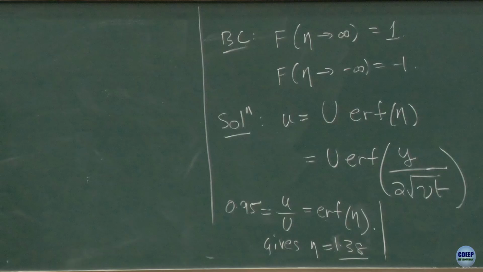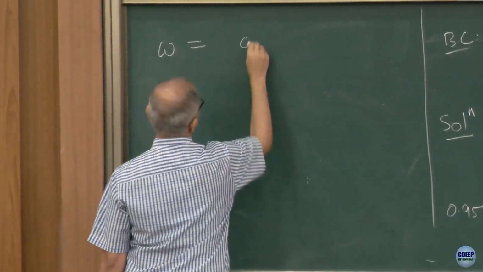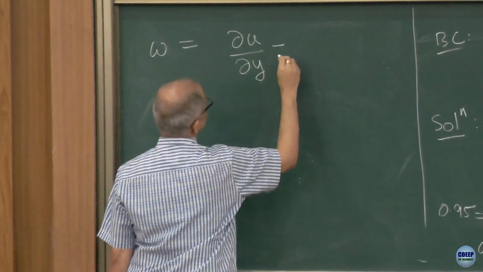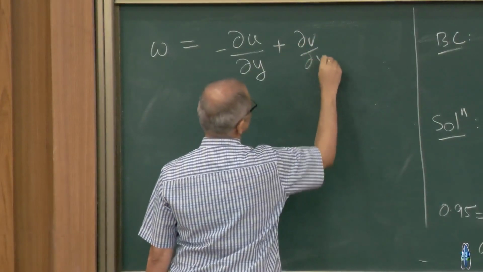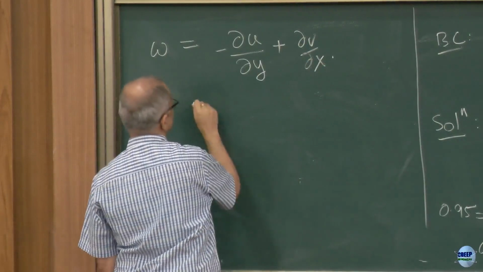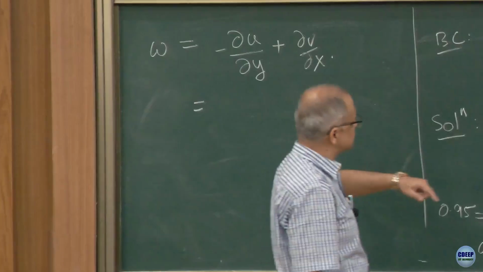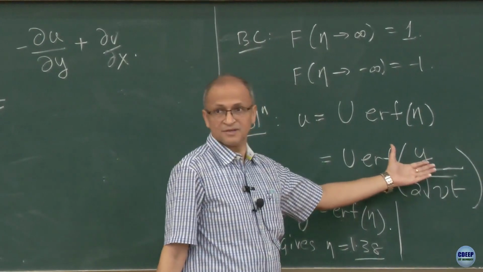So once we have a solution, we can find out what my vorticity is. Vorticity in this case is simply minus dou u by dou y plus dou v by dou x. Because I already have my expression for u, I should be able to differentiate this with respect to y.